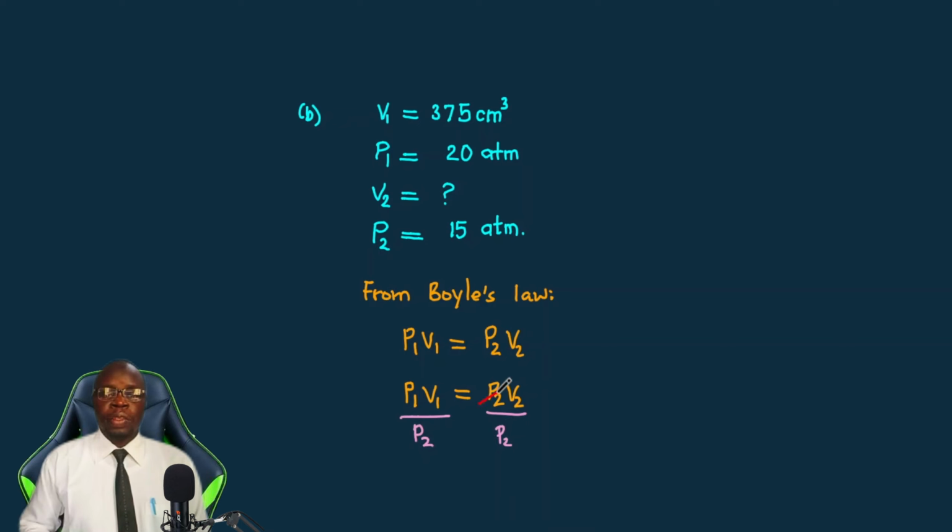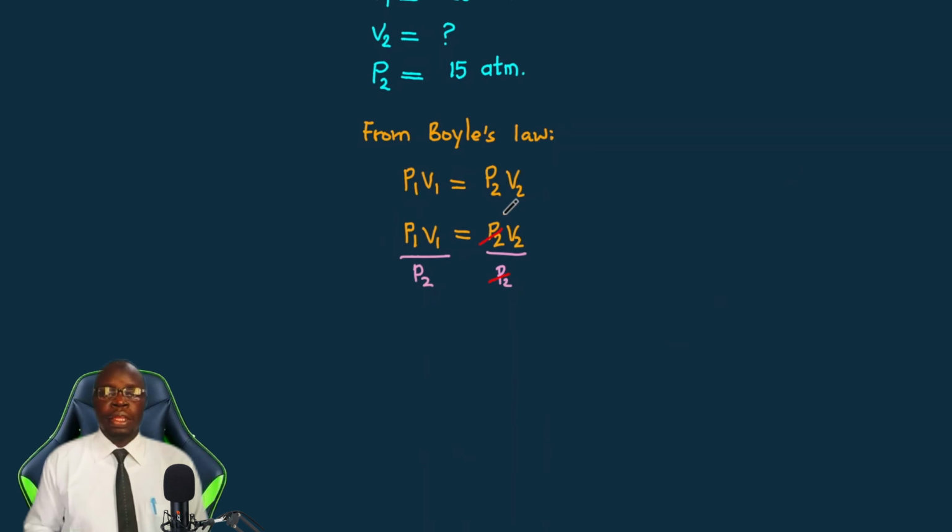So the pressure 2 here will cancel, and let's rewrite it in terms of V2. Our V2 will be equivalent to this side, that is P1 and V1 over P2.